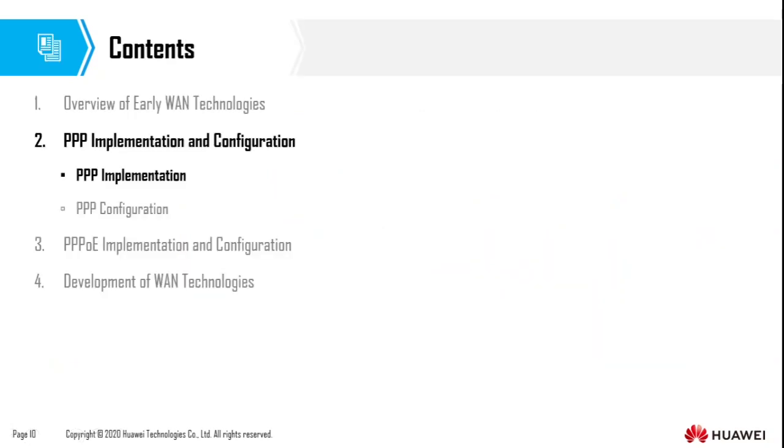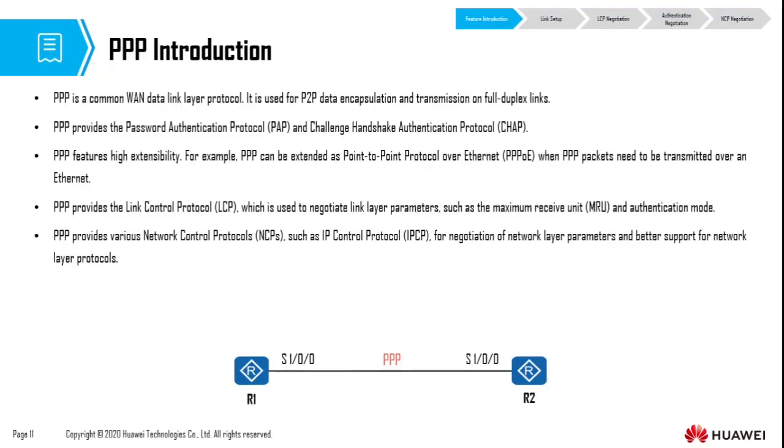Now let's look at one of the protocols that is used to connect the customer edge to the provider edge. This particular protocol is called the point-to-point protocol. So let's have a look at it. PPP is a common WAN data link layer protocol.